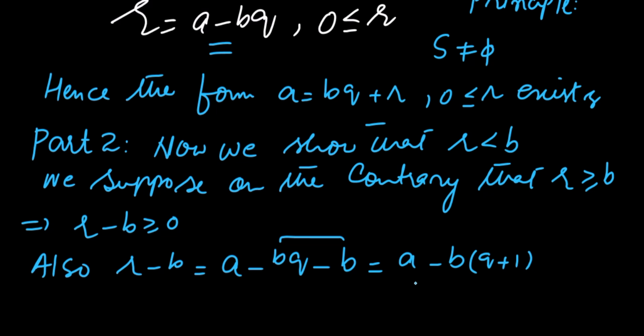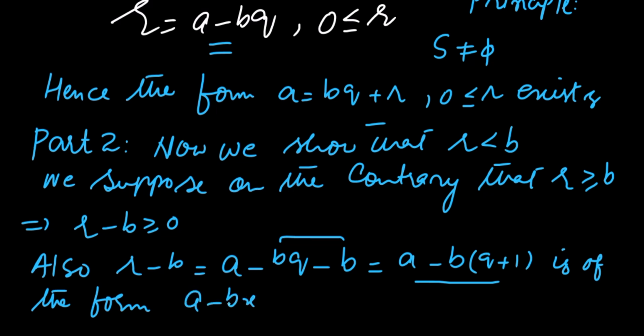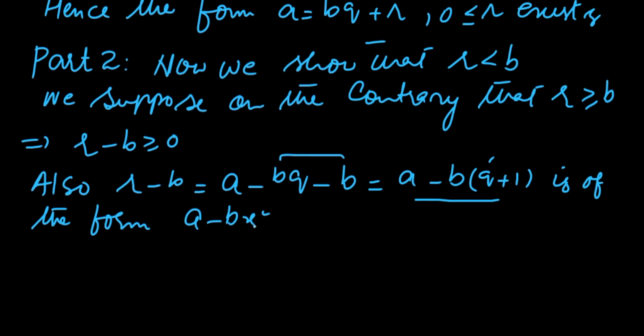This number A minus B into Q plus 1 is of the form A minus Bx, because x is an integer and Q plus 1 is also an integer. So it is clear that this number R minus B belongs to set S, because the set S has all the elements of the form A minus Bx, and the value of R minus B, A minus B times Q plus 1, is also of the form A minus Bx.